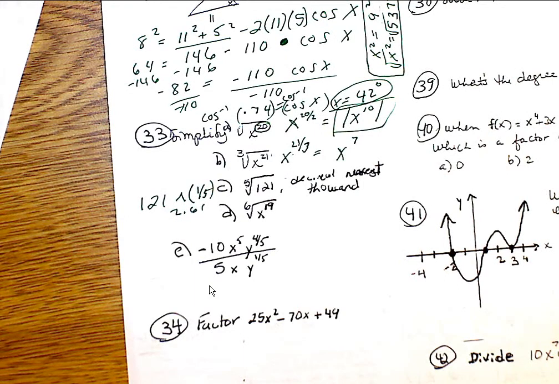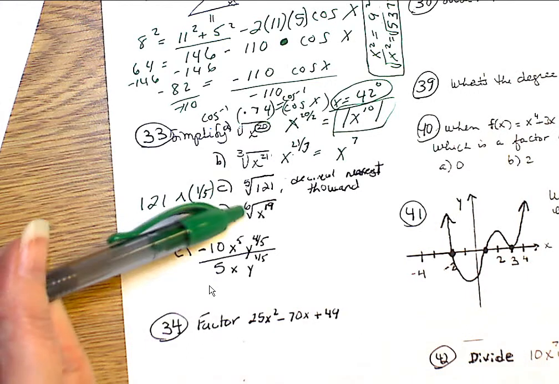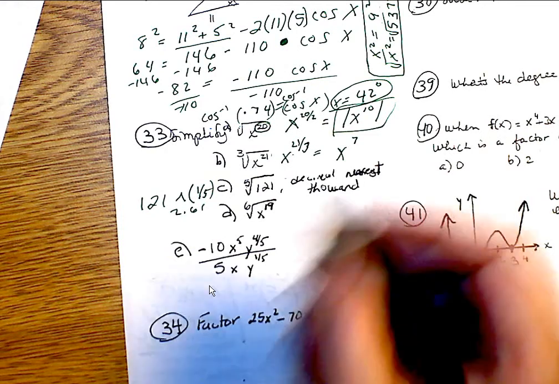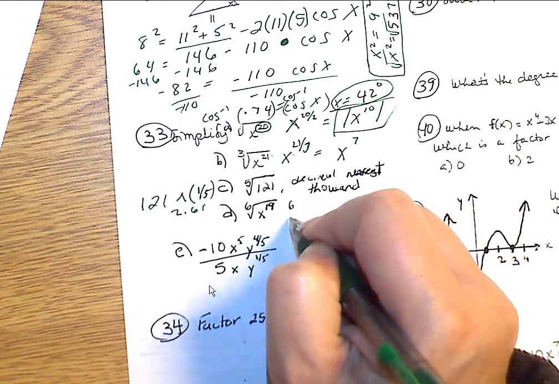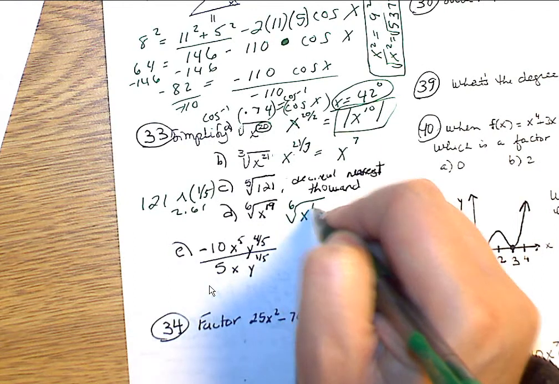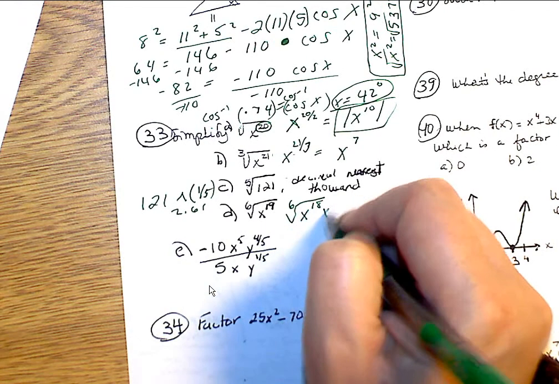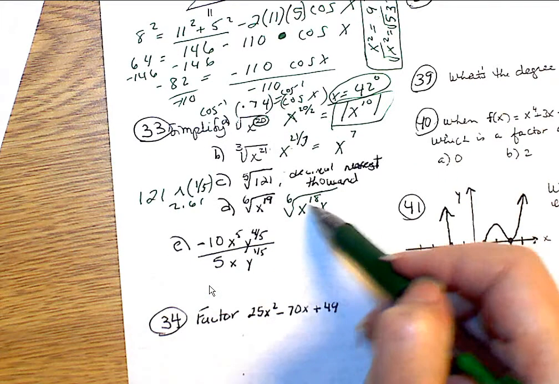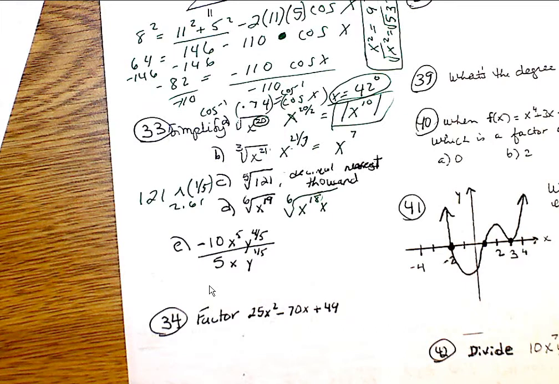D is tricky. First of all, does 19 divide by 6 evenly? No. So that has to be broken up into the 6th root of x to the 18, and then x, because you're going to have x left over. Right here, is 18 even? Yes.